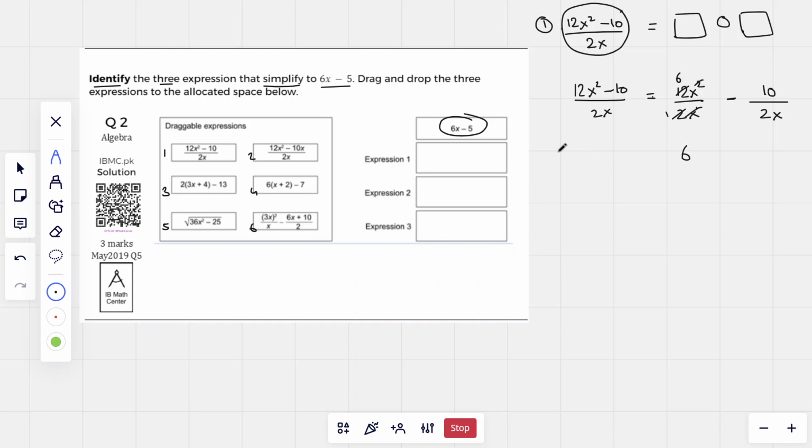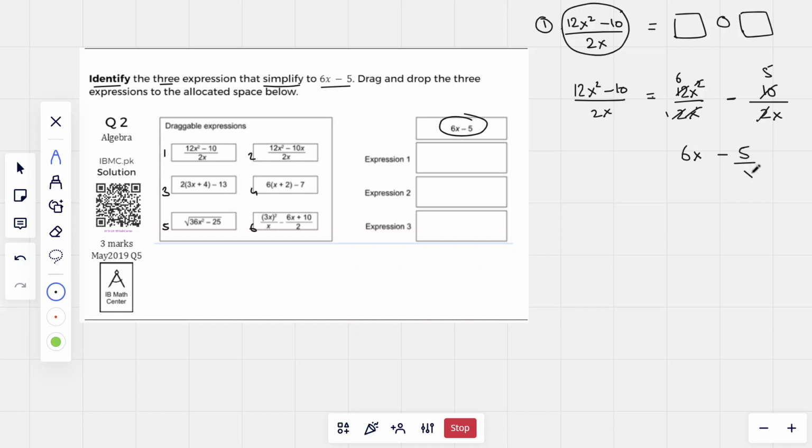The law of indices says that x squared divided by x to the power 1 can be written as x to the power 2 minus 1, which is x to the power 1. So this will become 6x, and then 2 5s are 10, so this will become 5.